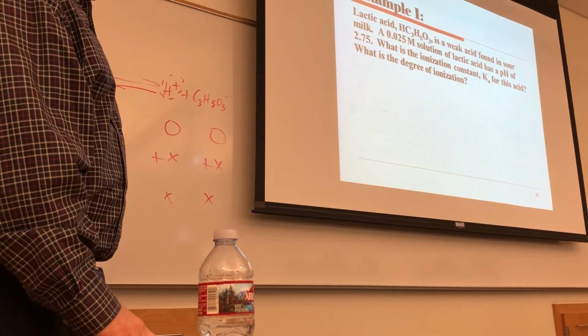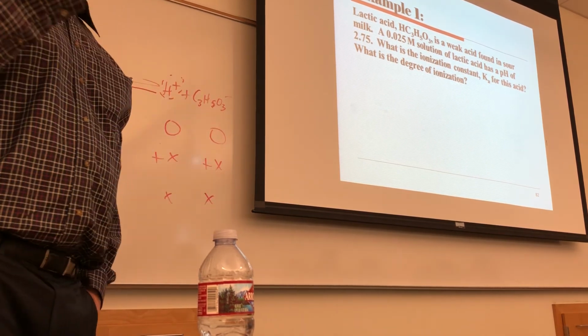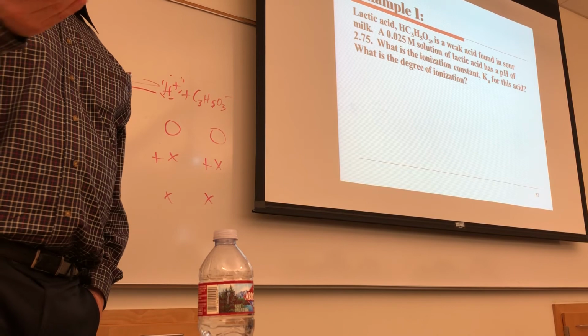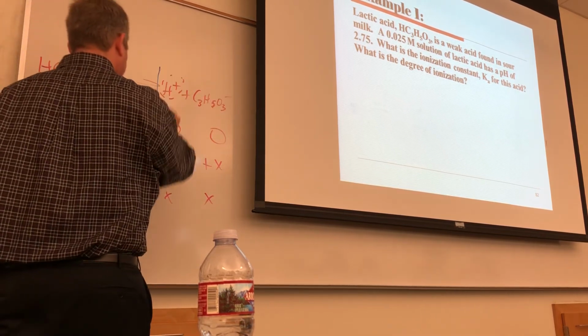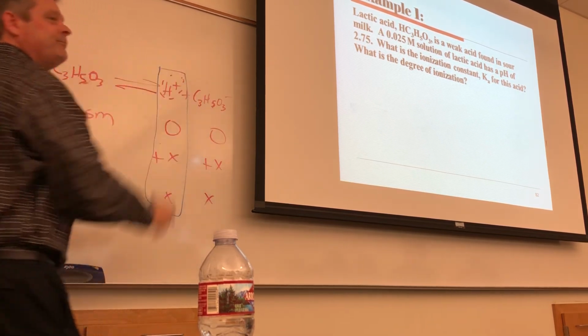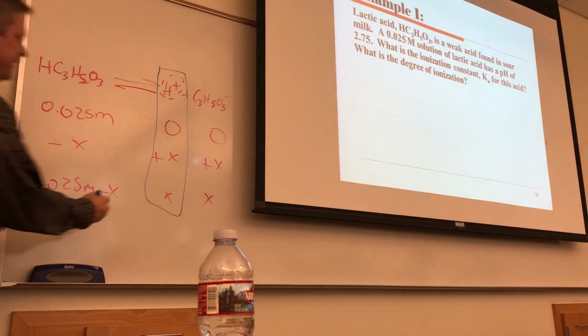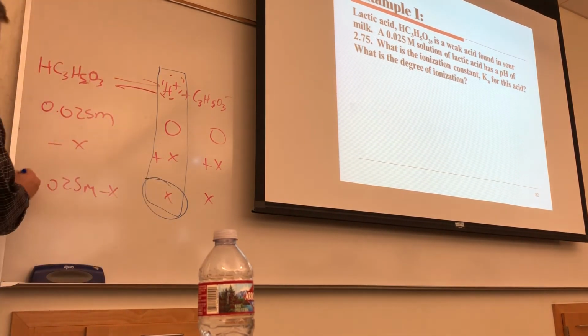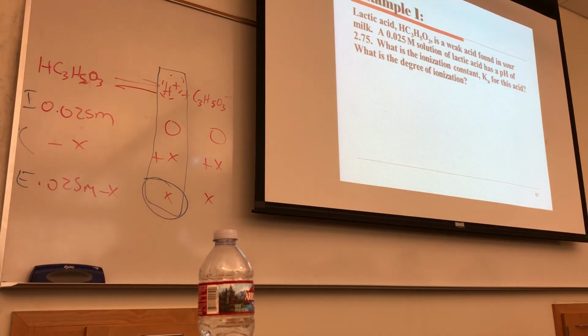I have the pH. Can the pH help me solve for something? It can help me find this, and more specifically, my equilibrium in my ICE chart. Now you see why, by the way, we're going to do equations where we have multiple steps.